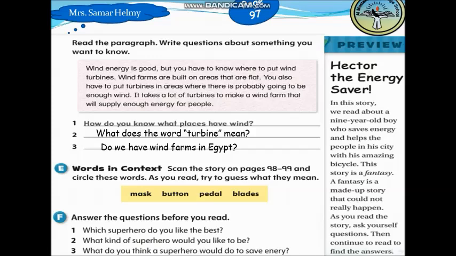Okay, that's good. Number 3, what do you think a superhero would do to save energy? Think about this question carefully. If you were a superhero and you wanted to save energy, what would you do? Think again. Now raise one finger to answer.